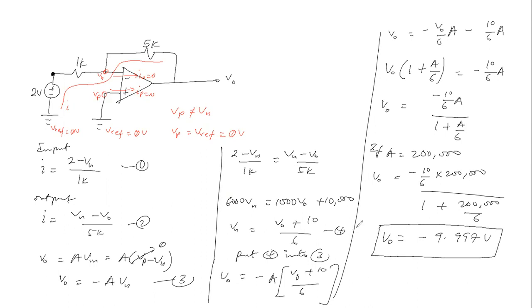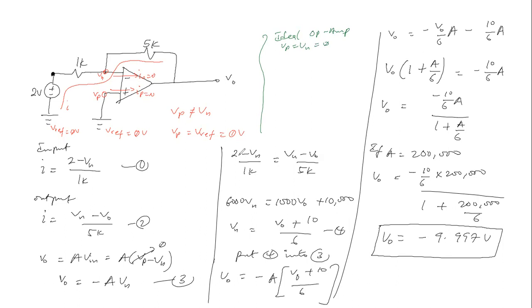Now let's consider the ideal scenario, an ideal op-amp. Based on the assumption that Vp is the same as Vn, and Vp is 0, Vn is 0.